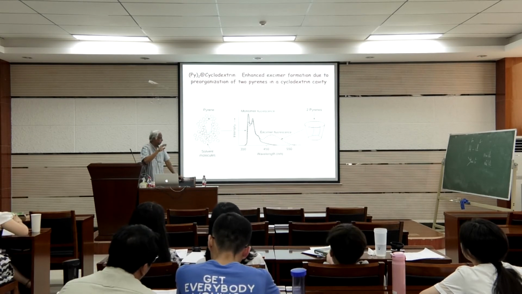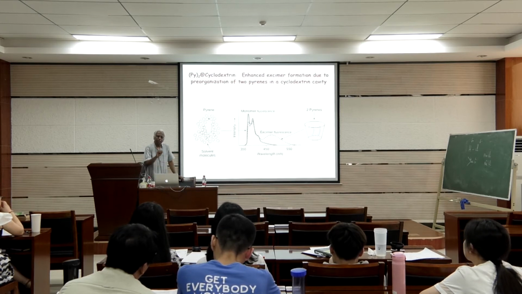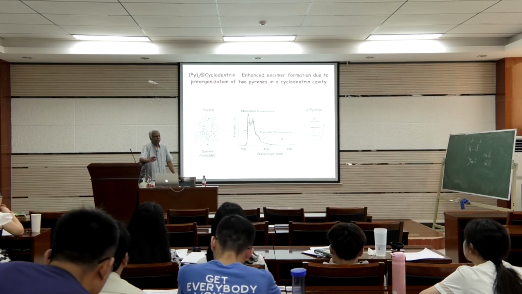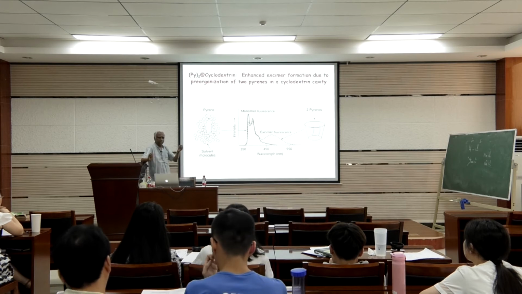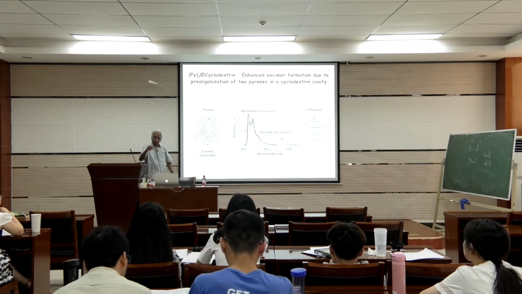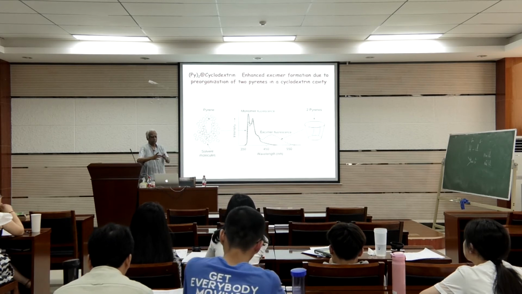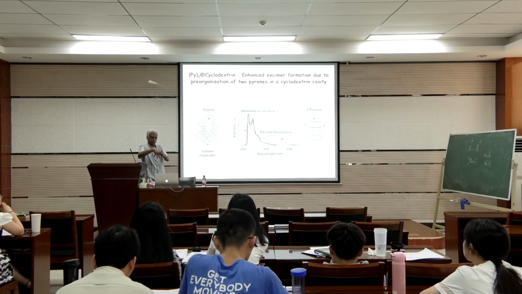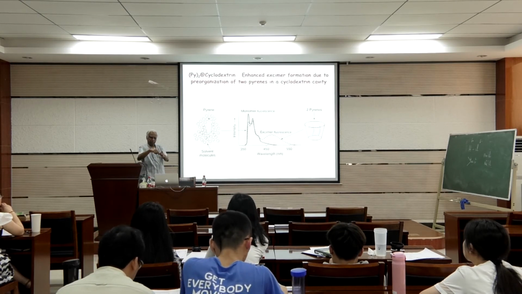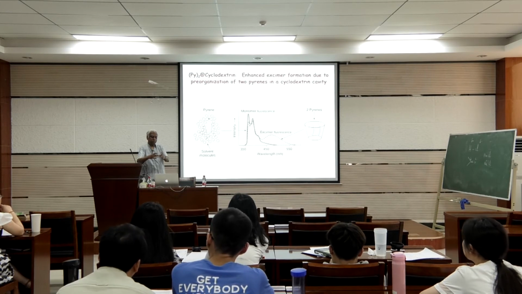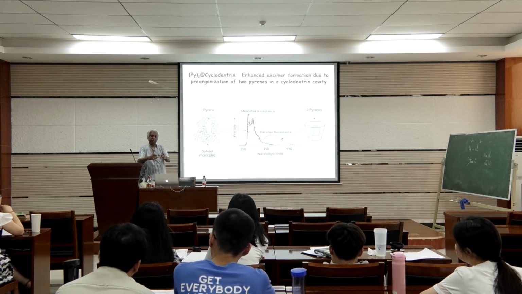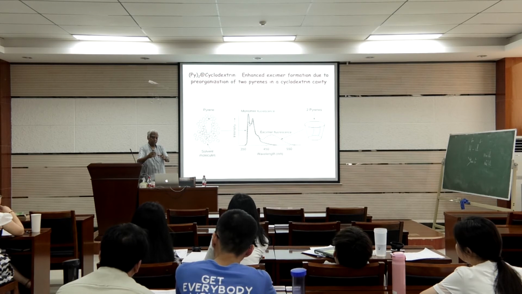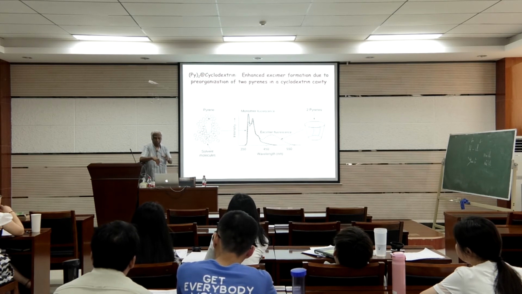Okay, I'll tell you why. So the pyrene is not water soluble. It is soluble only to a tiny amount. But once you put cyclodextrin, this big barrel, there is a hole in the middle, so the pyrene will go in. But after the one pyrene goes in, there is still some space left inside, so now the second pyrene will also go to the same place.